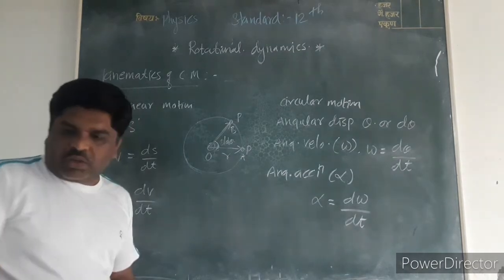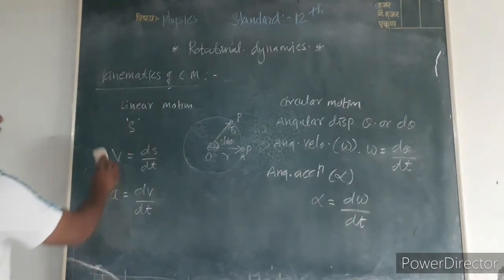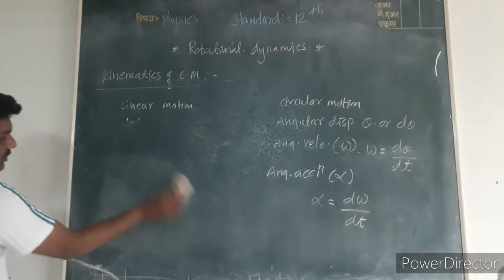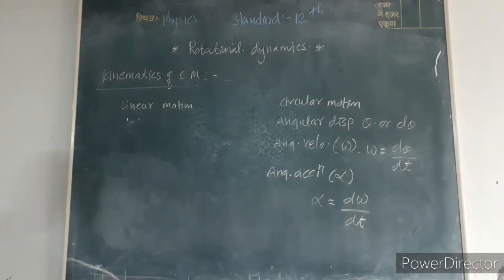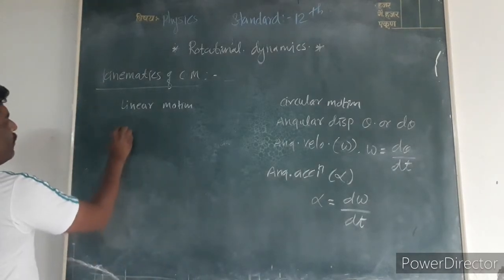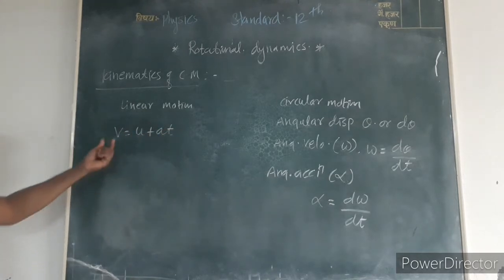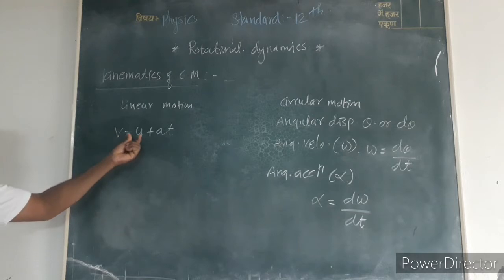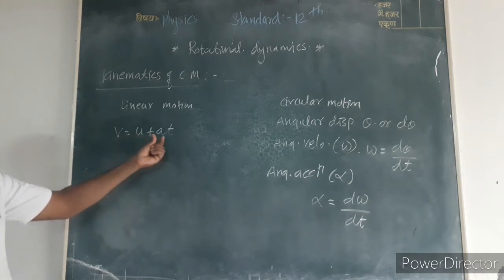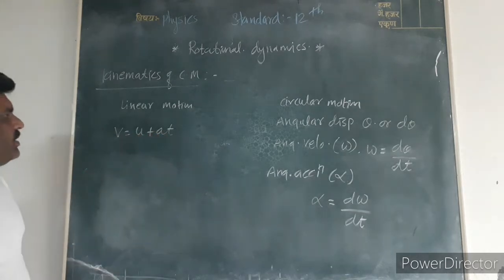In circular motion, this is in short we say that the kinematics. In kinematical equation, in linear motion, the first kinematical equation is v is equal to u plus at, where v means final velocity, u means initial velocity, a means acceleration, t means time.